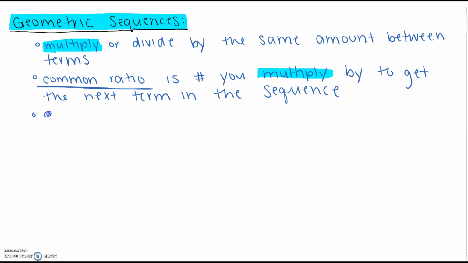The graph looks exponential. It's not technically, I mean it is and it isn't, but we'll get to that on Monday. Basically, it's curved.